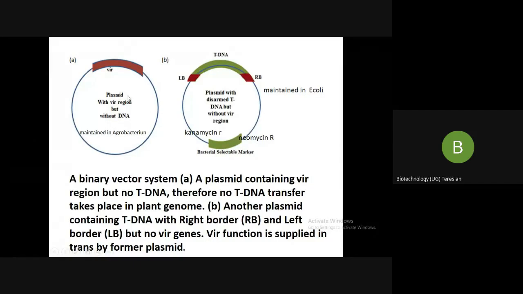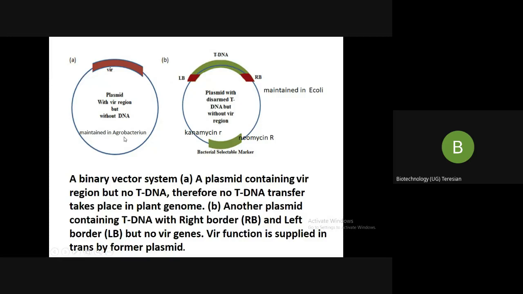Our second plasmid is having only the Vir gene, that is the plasmid with Vir region but without any transfer DNA. So your disarmed plasmid is maintained in the E. coli, and your Vir gene plasmid is maintained in your agrobacterium.